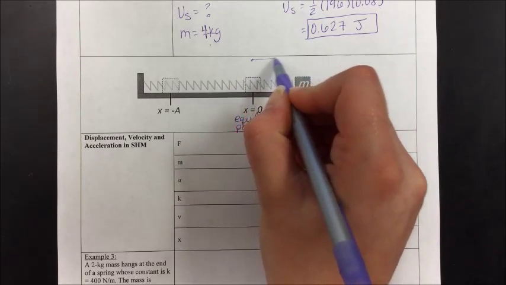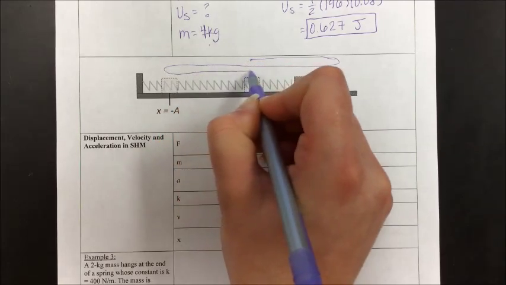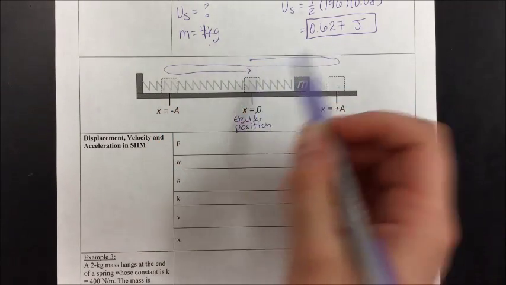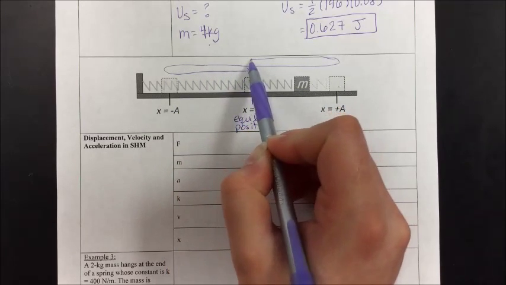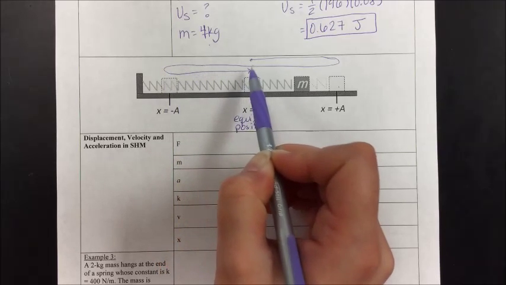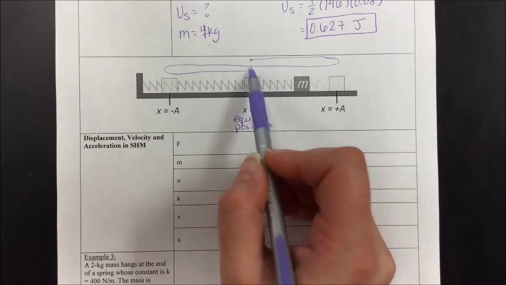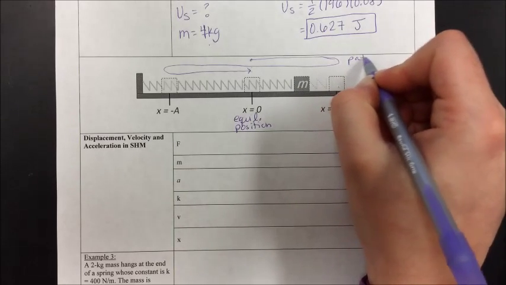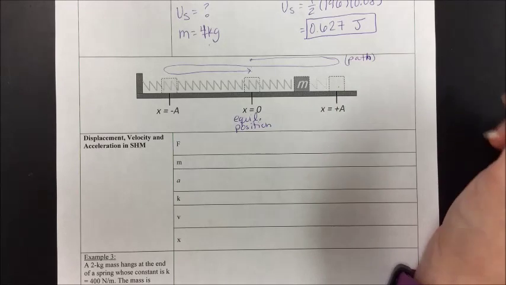If it starts here and we pull it out here, then it's going to swing around like so until it returns back. So that's one complete oscillation. It started, then it went through the equilibrium point, swung back around, and then came back to its original position. So that's the actual path that the mass or the block is taking.